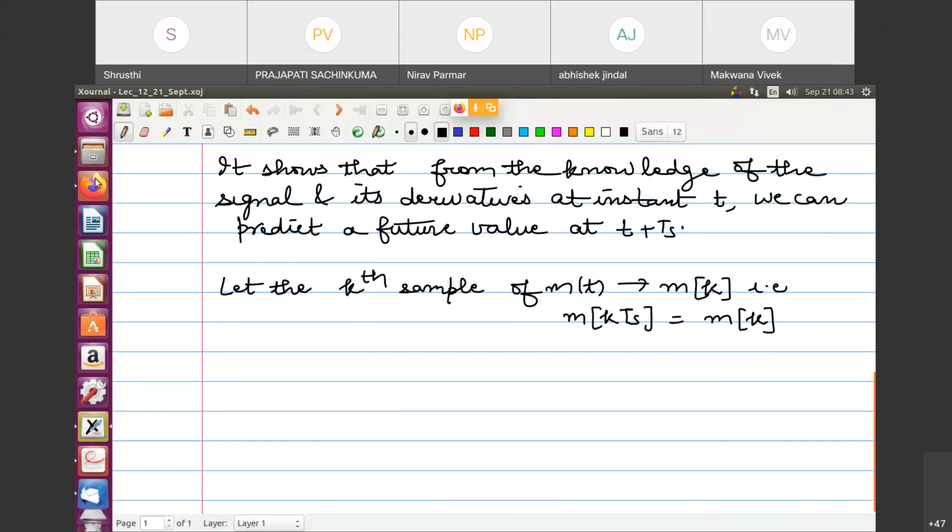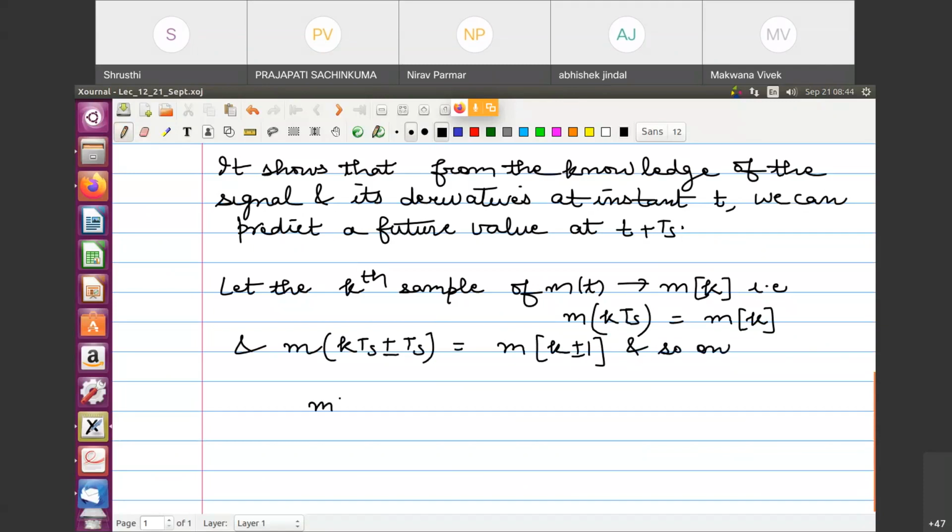I must write like this. Okay. And m of k ts plus minus ts is m of k plus minus. Okay, and so on. Okay.